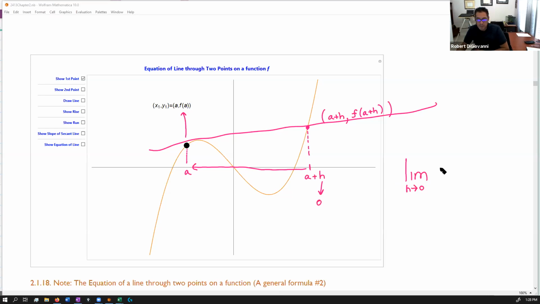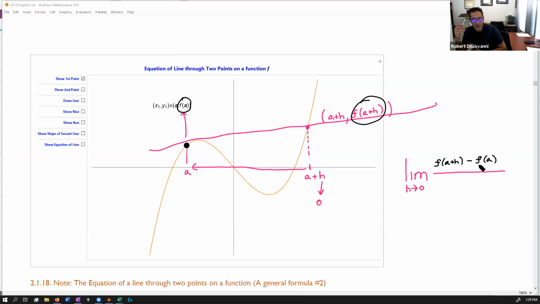And then the rest of the formula is just your good old rise over run again. So the difference of the y coordinates is the difference of this coordinate and that coordinate. So your change in y should be f of a plus h minus f of a.